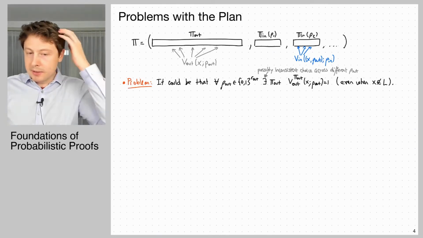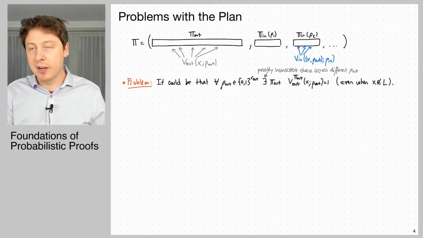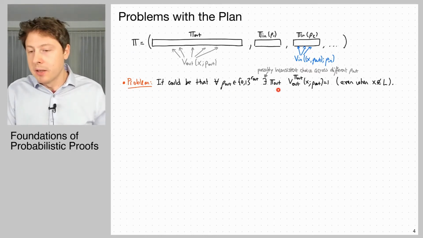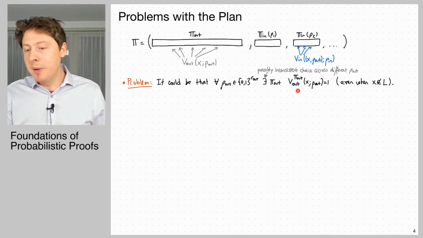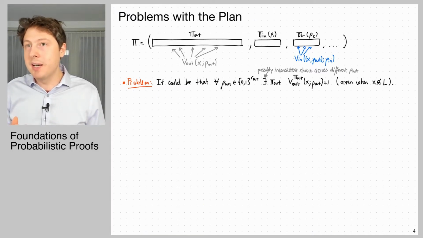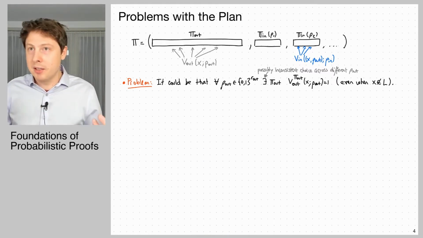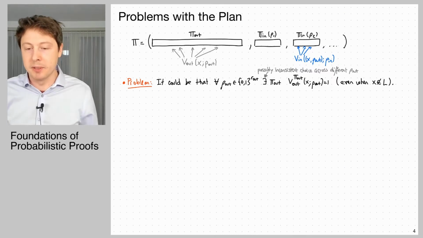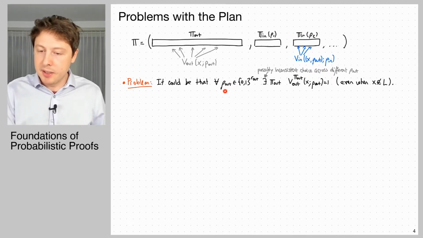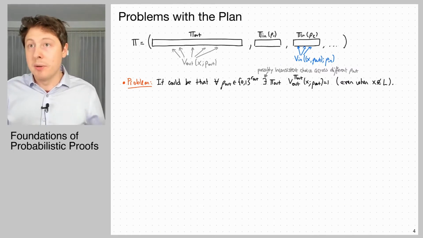One problem is that it could be that for every choice of randomness for the outer verifier, there is some PCP, depending on the choice of randomness, that makes the outer verifier accept, even when the instance is not in the language, right? Because soundness of the PCP says you fix the PCP, then you sample the randomness, and you have some small probability of accepting. But if you first fix the randomness and you ask about the PCP, there's always one. Maybe they're inconsistent, and usually they're going to be inconsistent with one another.